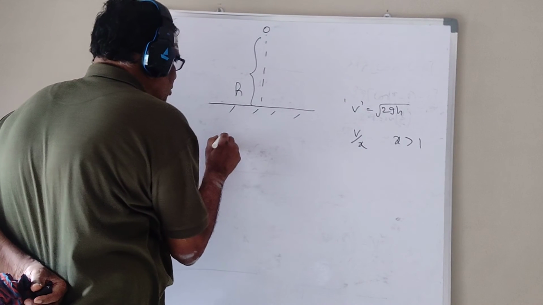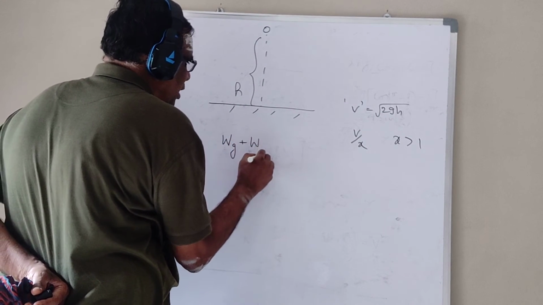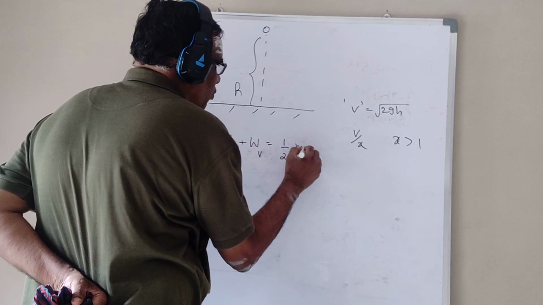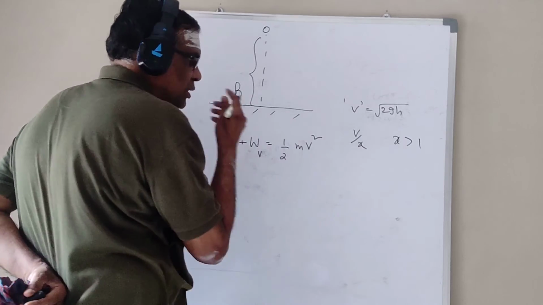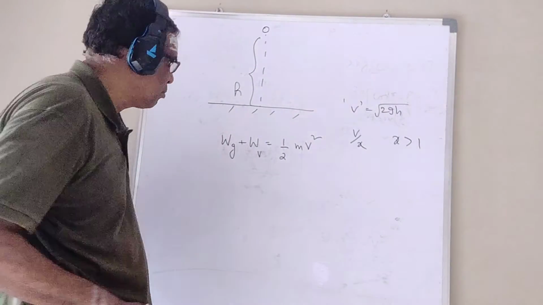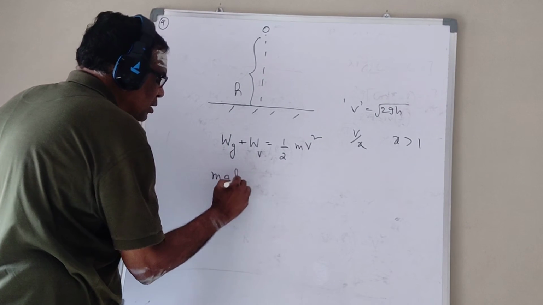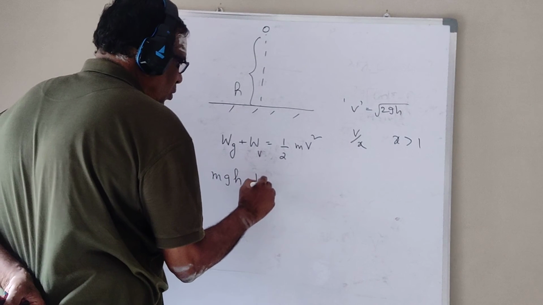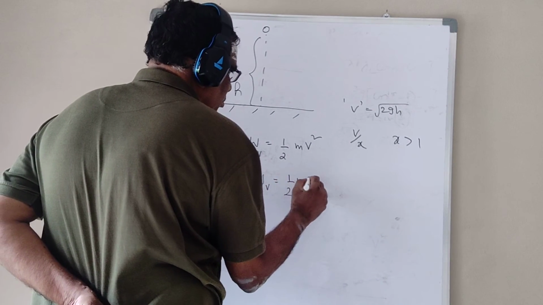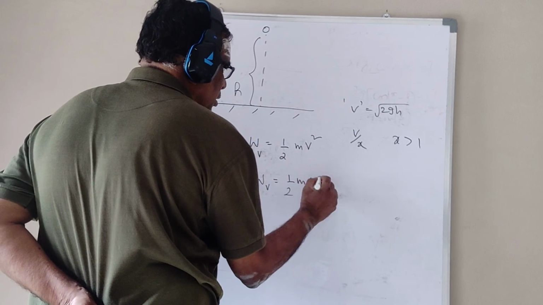So here, work done by gravity plus work done by viscous force is equal to half mv square. This is the thing. What is work done by gravity? mgh. I don't know what is work done by viscosity. Half m v square means what?